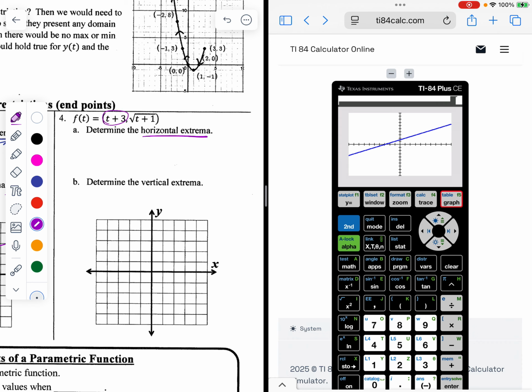This tells me my lowest value of t, even though I don't have a restriction on it, because it would be undefined if it was anything less than -1. So my starting value has to be -1. Let's see what happens at x of -1 because that's a natural restriction. If I go -1, which is t plus 3, we get +2, okay?